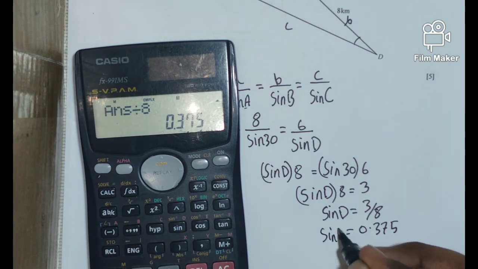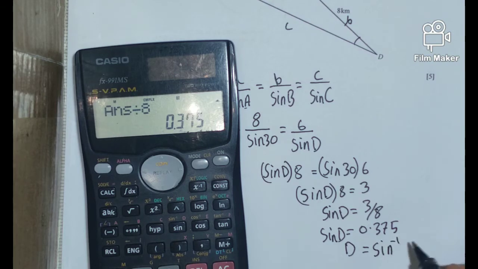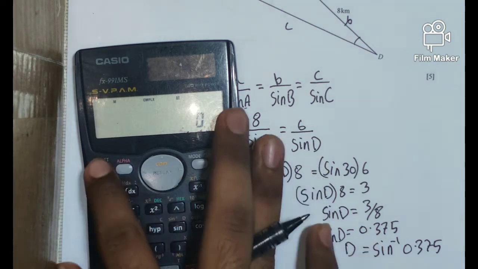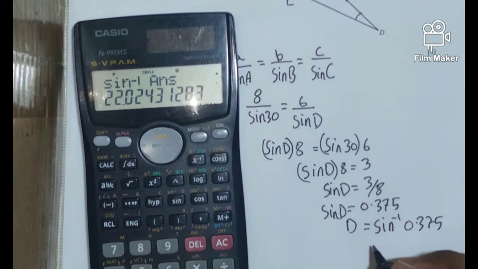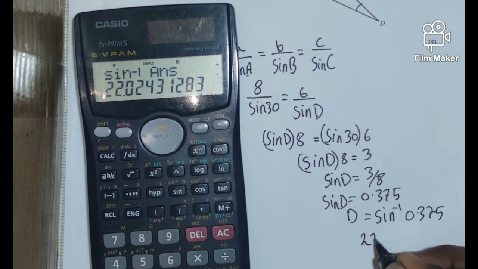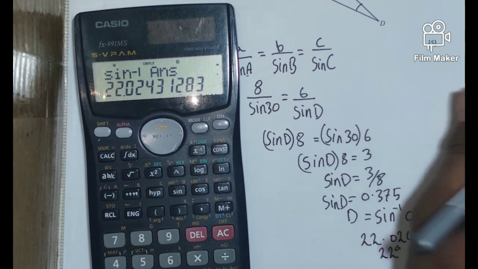In order to find D, it would be sine inverse of 0.375, and the answer is 22.024, and we can take it as 22 if we round it, so it is 22 degrees.